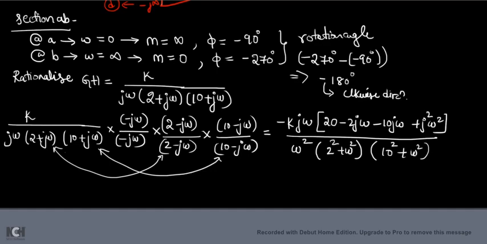So now if you simplify further, what is it that you are going to get? In the numerator, you are going to get minus k into j omega, and you have 20 minus omega square minus 12j omega.